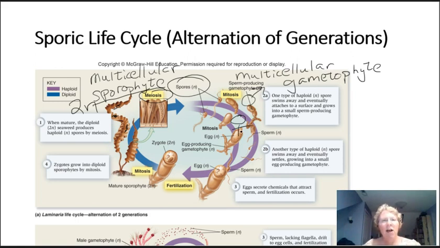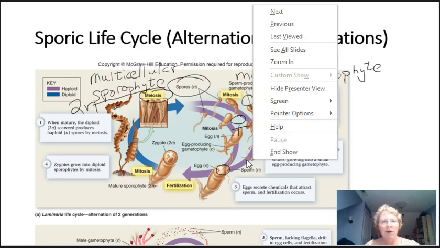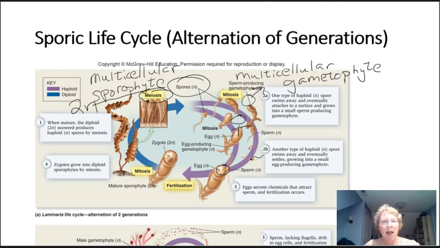So these are haploid multicellular organisms, and they grow. And eventually the female gametophyte produces an egg, and the male gametophyte produces sperm, and the sperm swim over and fertilize the egg, and now we have our zygote.